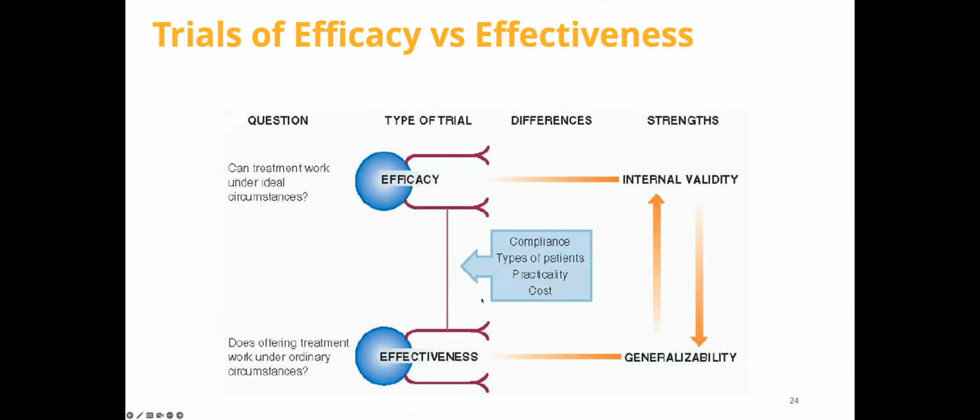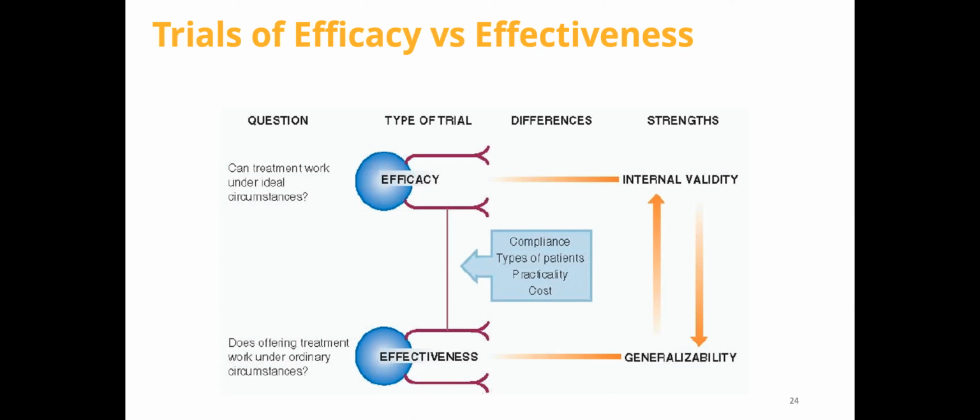And studies of effectiveness are a little bit different because these are typically done in more of a real world clinical setting and everyday clinical practice, with maybe a group of patients who are more generalizable to the study population that would actually be receiving this treatment. So it's a little bit less of a controlled environment, where patients are being monitored by the clinical staff that they would be seeing in more real world clinical practice.